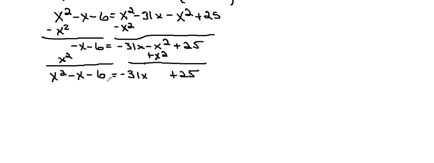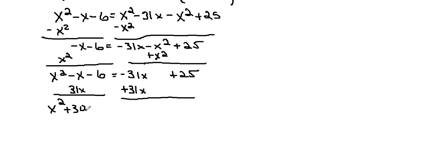Alright. So continuing on, I'm going to add 31x to both sides. One at a time I'm doing these. And then I've got x squared. What's that going to be? That's going to be 30x, positive 30x minus 6.